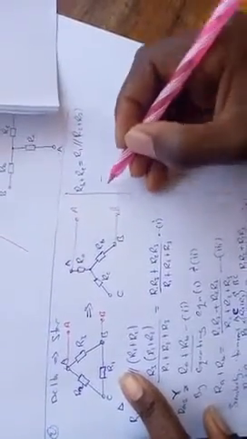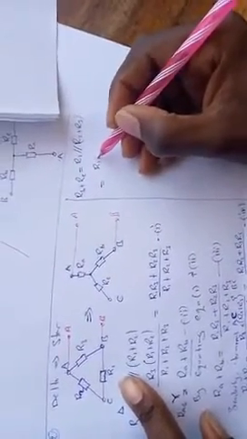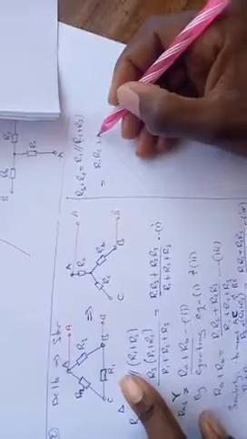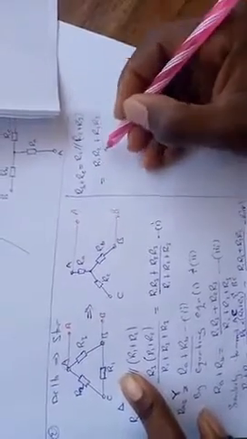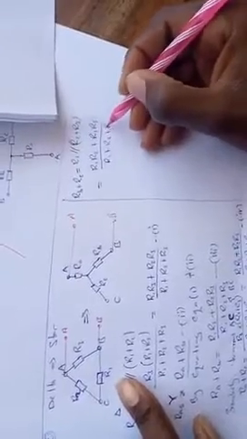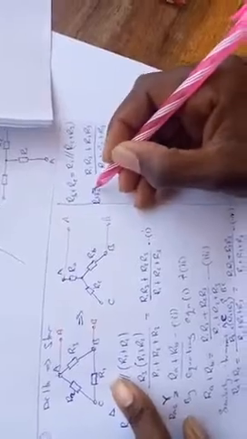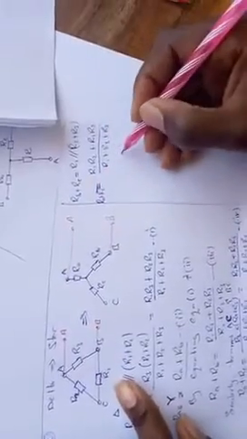So I have this expression, which will be R1 R2 plus R1 R3 over the same, which is RB plus RC.